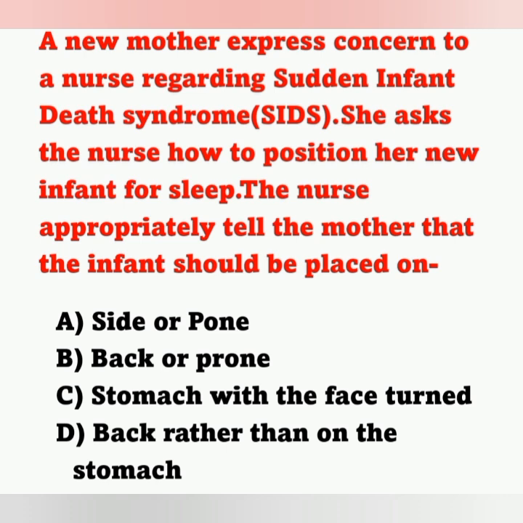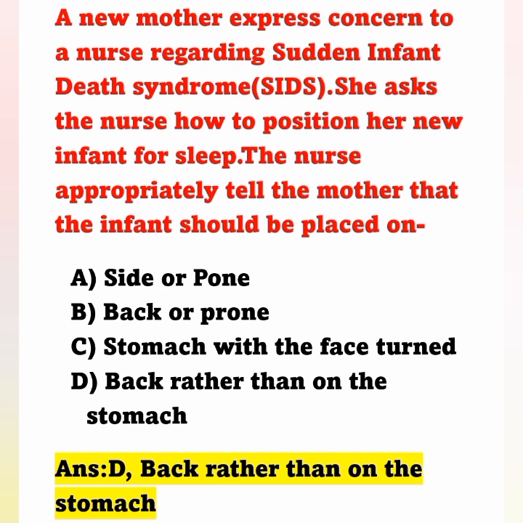In our question, the mother asked the nurse which position she can provide to her baby to prevent this syndrome. The correct answer is back rather than on the stomach. That means the nurse should encourage the mother to keep the baby in supine position while sleeping.